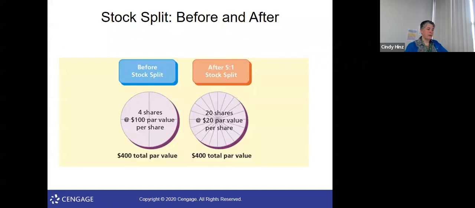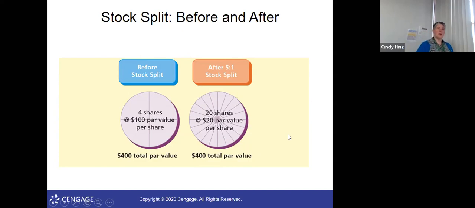And so here's your example. In this case, it was a 5-to-1 stock split. If there were 4 shares outstanding before, now there are 20 shares. If it had a $100 par value before the split, it now has a $20 par value.